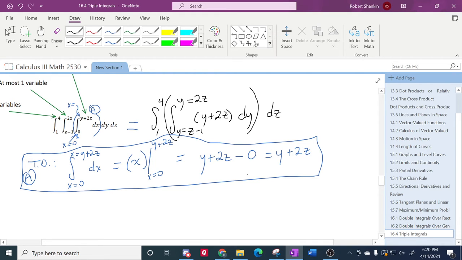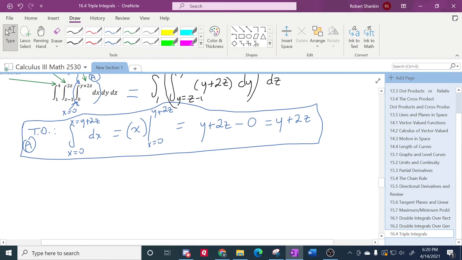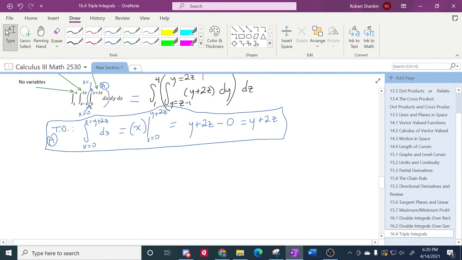Now I'm going to put all my focus here. Now this is familiar territory. We've done these kinds of problems. I'm going to call this B. And so my next timeout is, now I'm integrating with respect to y, so this integral is going to wind up equaling y squared over 2 plus 2zy.